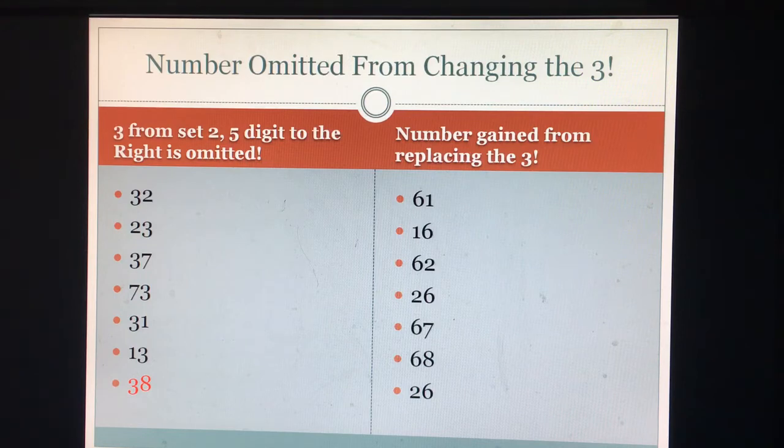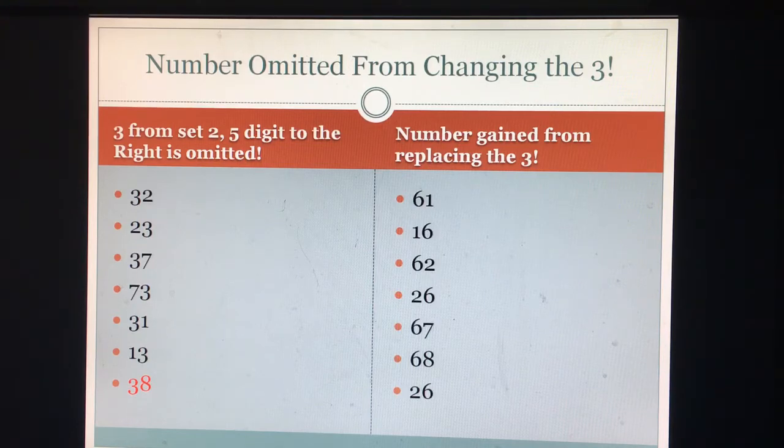Now, after you replace the digit 3 with a digit 6, further numbers you gain are 61, 16, 62, 26, 67, and 68. This further strategy has been discussed in my previous video, from Fantasy 5 to Mega Million lottery winning method.